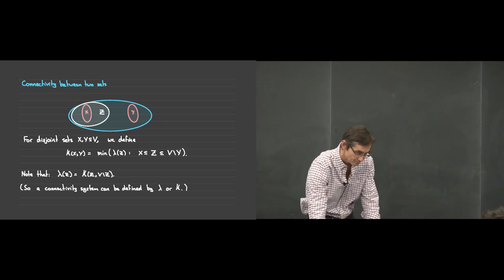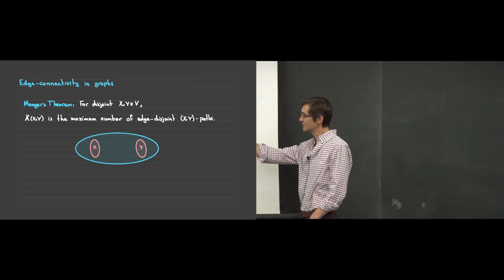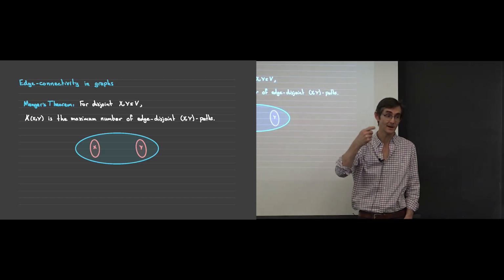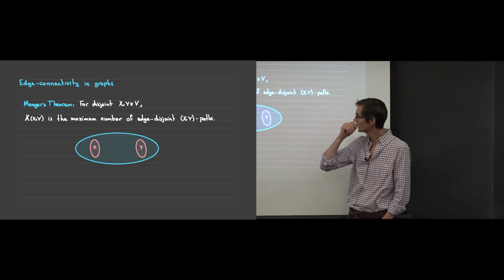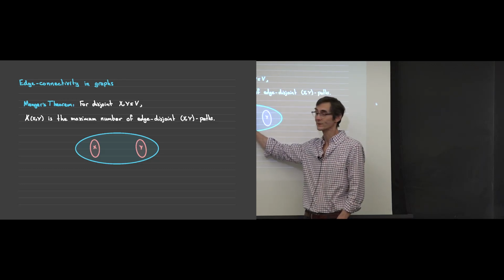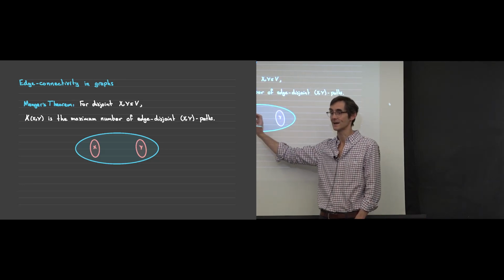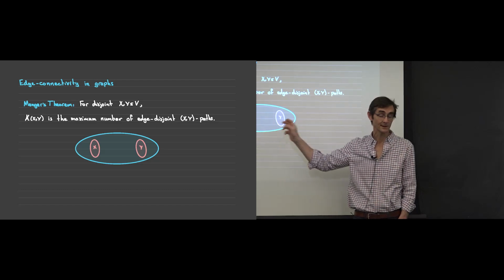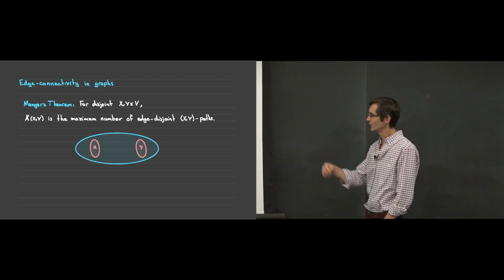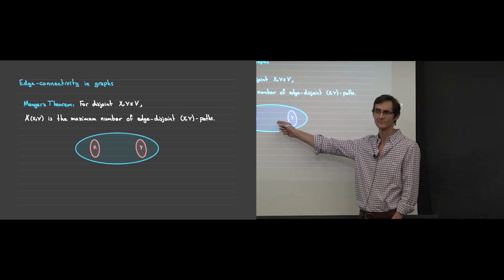Okay. So when you think about this connectivity between a pair of sets in the edge connectivity case, the first thing that springs to mind is Menger's theorem. The definition that we gave was talking about the size of the smallest edge cut separating X from Y, but Menger's theorem tells you that's the same as the number of edge disjoint paths connecting X and Y. And as soon as you write this out, you think, hey, I could probably do the same thing for vertex connectivity.